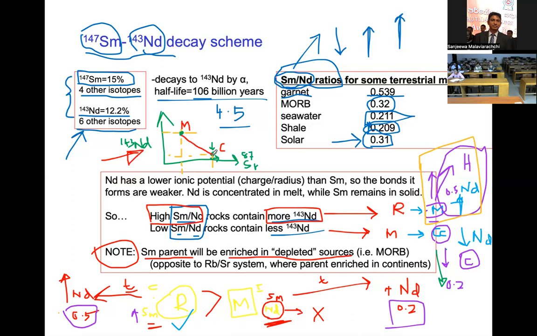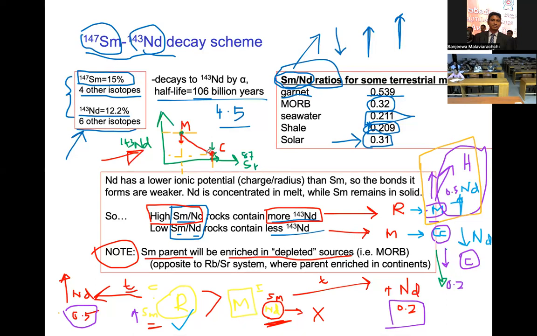The mantle always lies high in neodymium, but low in strontium. That's why you have a value like this. For the continental crust, it is always high in strontium but low in neodymium.